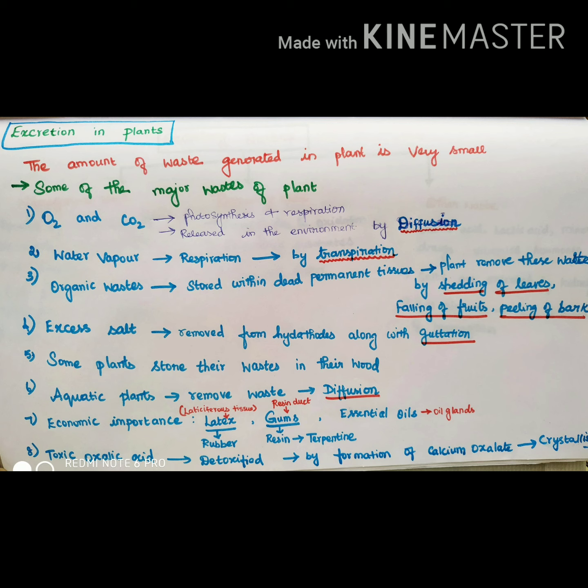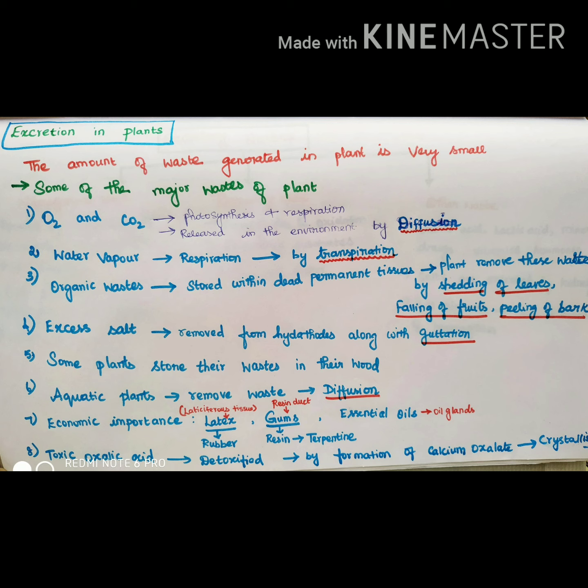And number 2 is gums. It is popularly known for the production of turpentine. Gums, also called resin, are stored in the resin duct and used for the production of turpentine. The third one is essential oils.